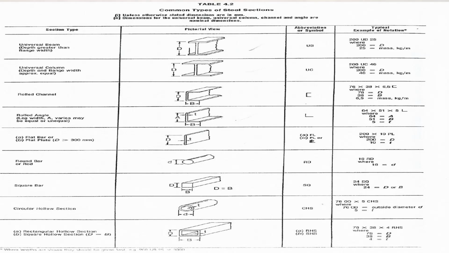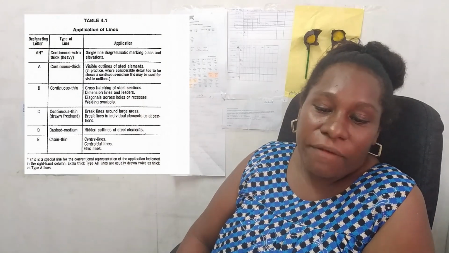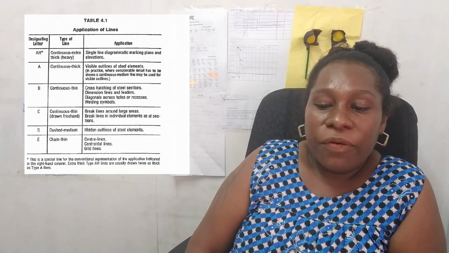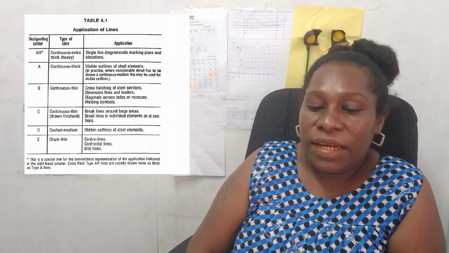So in our case, we'll take our dimensions from our steel tables. The next table that you need to know for your Australian standards, your structural drawings, is table 4.1 for applications of lines. Make sure that you have it open. You can see that popping up on the screen now, where you have continuous extra thick lines, single line, diagrammatic marking plans and elevations.